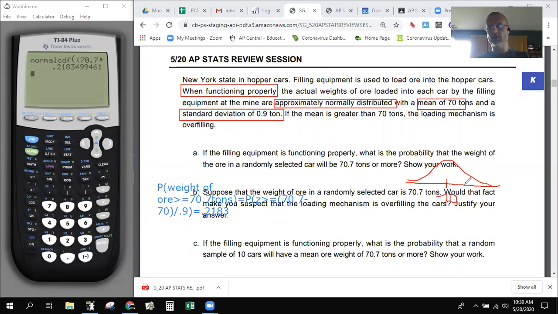And then at 1 standard deviation, we need 70.9. So that gets it in there. Now, how do I know the standard deviation? Right at this inflection point is 1 standard deviation, remember? And then right here, this is going to be 69.1.